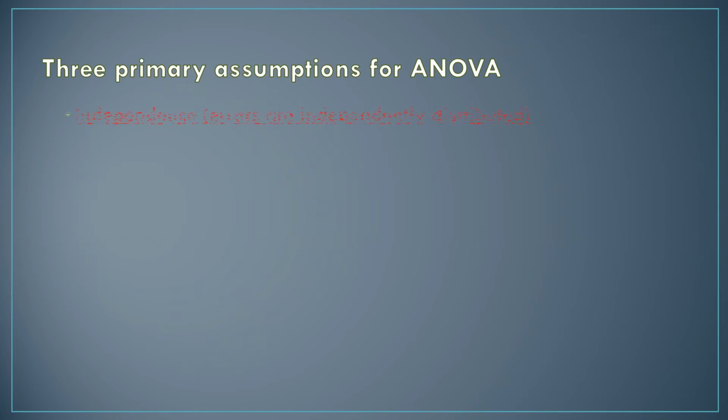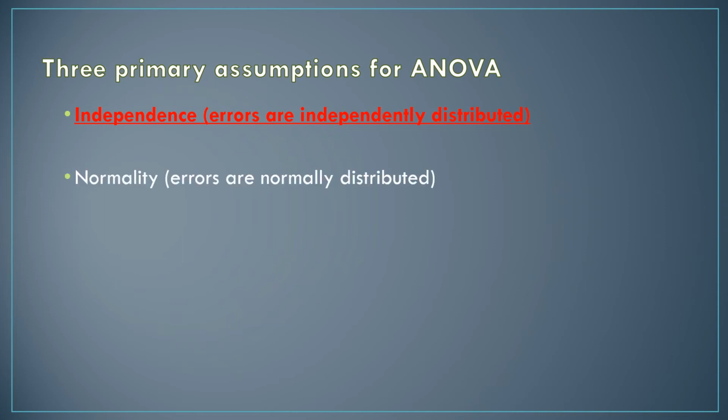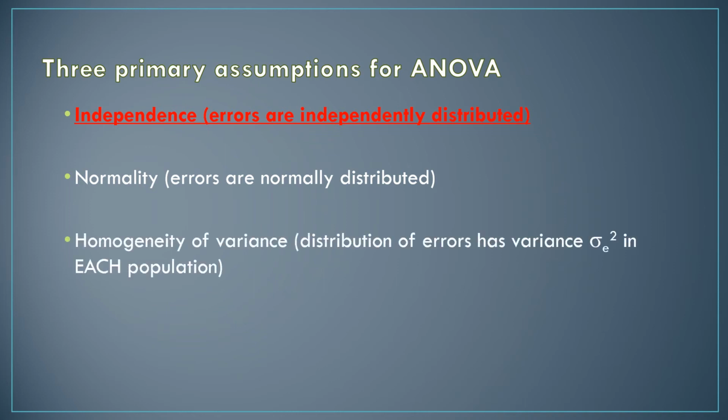For the independence of errors, you're really looking at the distribution of the errors and then testing to see if being in a particular group is changing the level of error. And you don't want the level of individual error to be changed by what group they're in. Because if they're in a particular group and that changes their error levels, it means that the observed value for that group is very different than the expected value of that group.